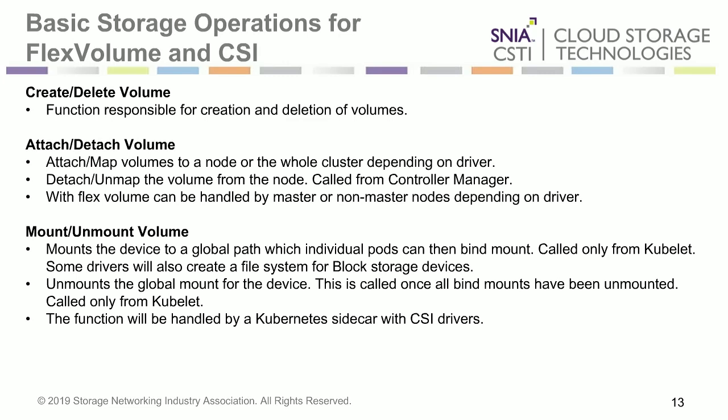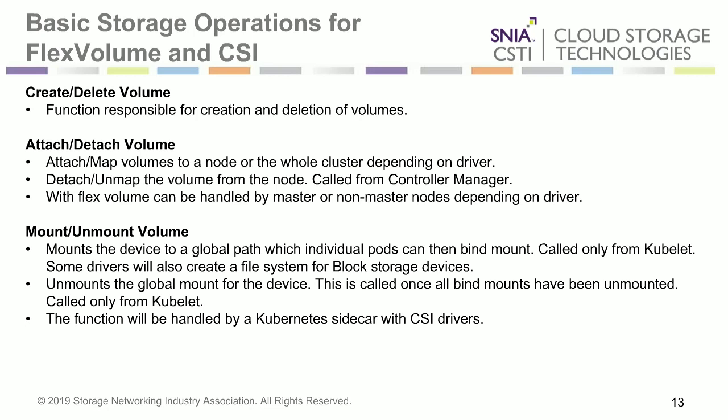And then the last operation is the mount and unmount operation. Once the new volume has been mapped to the host, it can be part of the rescan process to look for the new volume on the SCSI bus, or it could just mount, for example, an NFS volume to a directory. And the kubelet is what's responsible for doing it.